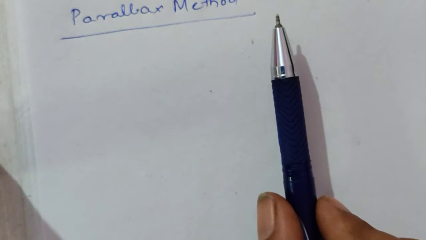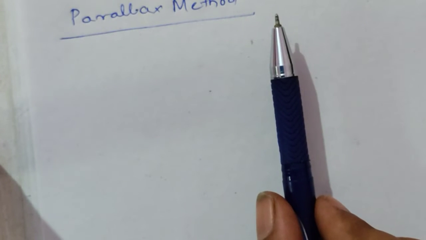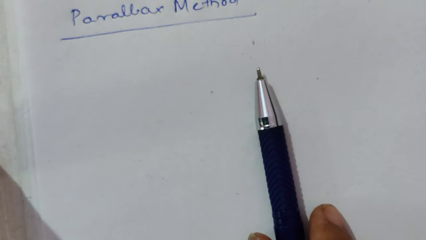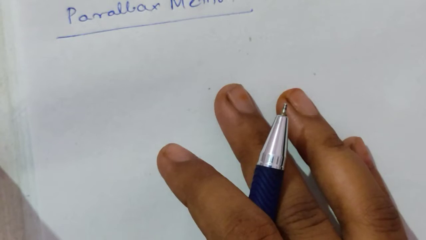Suppose you close your left eye and observe the pen with your right eye, and then close your right eye and observe the position of the pen through your left eye. You can observe that in both measurements there is a little shift in the position of the pen or pencil.